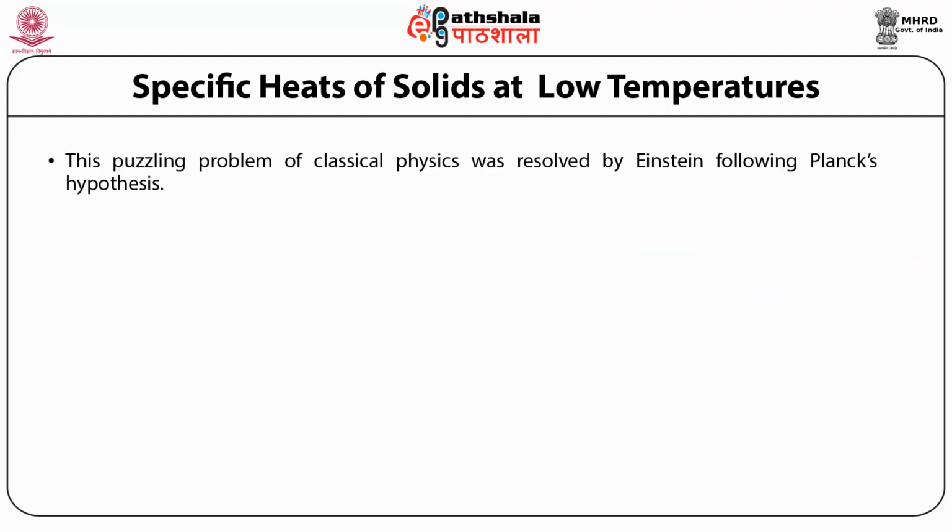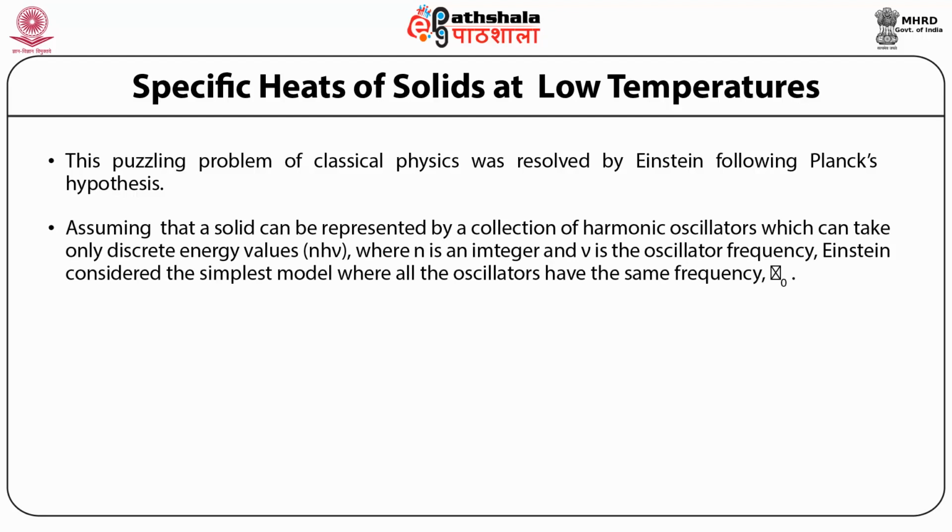This puzzling problem of classical physics was resolved by Einstein following Planck's hypothesis, assuming that a solid can be represented by a collection of harmonic oscillators which can take only discrete values n h nu, where n is an integer and nu is the oscillator frequency. Einstein considered the simplest model where all the oscillators have the same frequency nu 0.